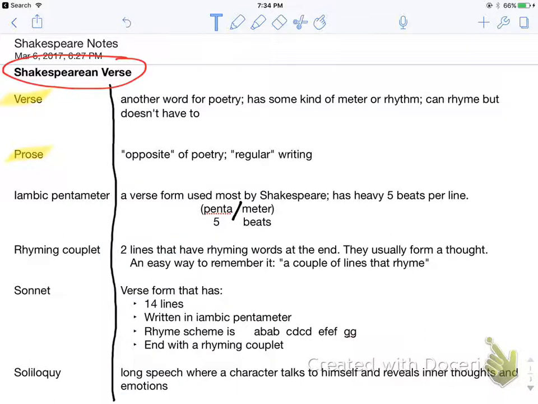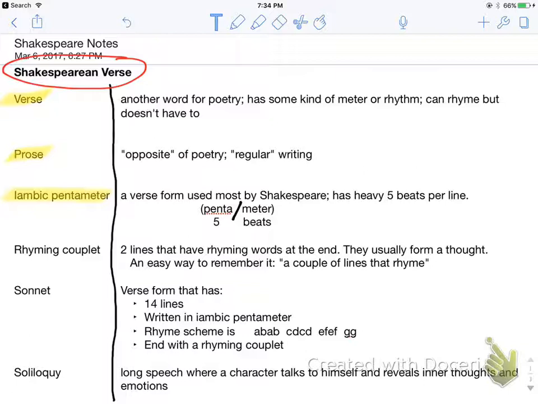Okay, this next term is called iambic pentameter, and that is just a kind of verse that has to do with the rhythm of the words. This was the verse form that was most used by Shakespeare. It shows up a lot in his plays.